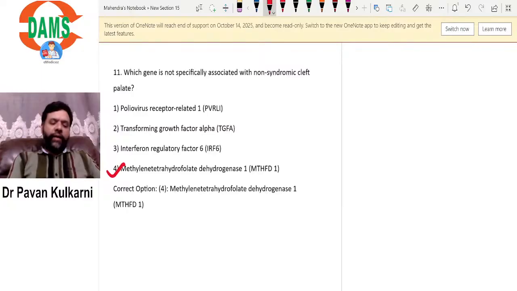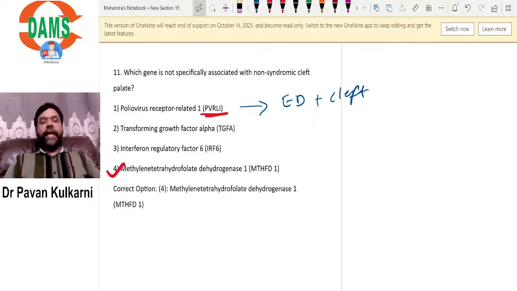The PVRL1, typically, what is the importance of PVRL1? Remember, PVRL1 is the gene that is mutated in case of ectodermal dysplasia plus cleft. Whenever there is ectodermal dysplasia plus cleft, that is because of this PVRL1 gene mutation, that is poliovirus receptor related 1, PVRL1 gene.